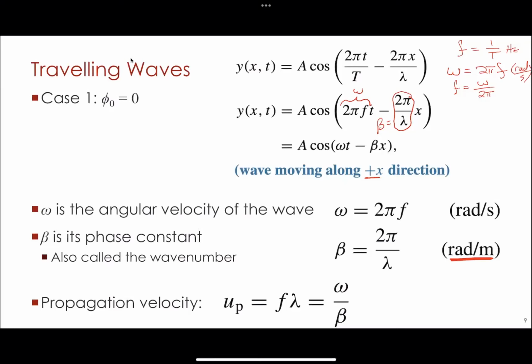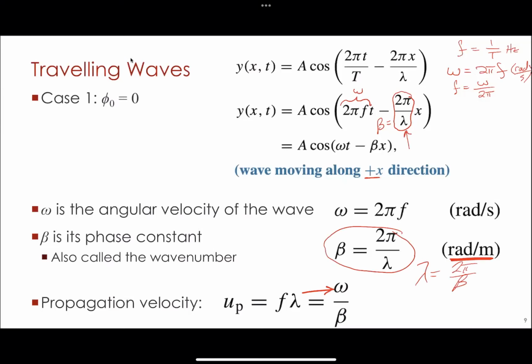Now, how did we get from there to there, you might wonder? Well, we defined beta to be this, right? Remember up here, we just said that thing in front of the x, we're going to call it beta. We could rearrange that for lambda, right? Lambda equals 2 pi over beta.